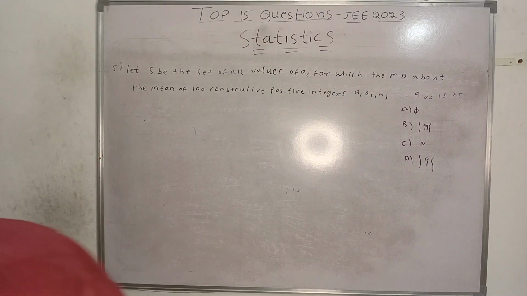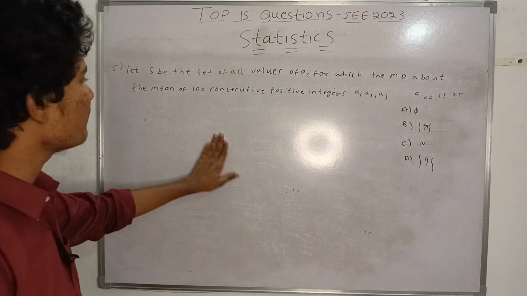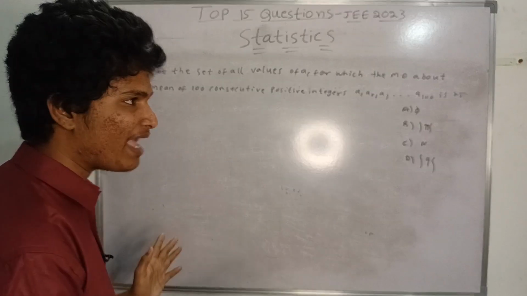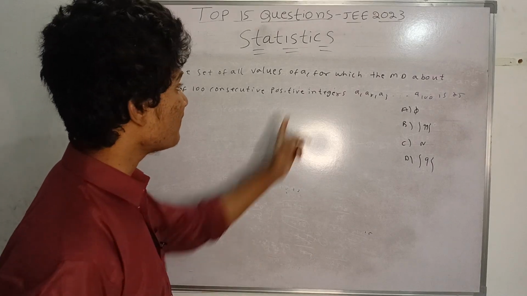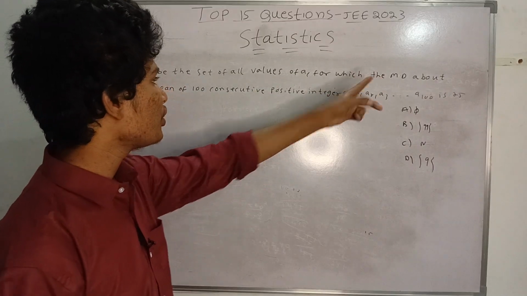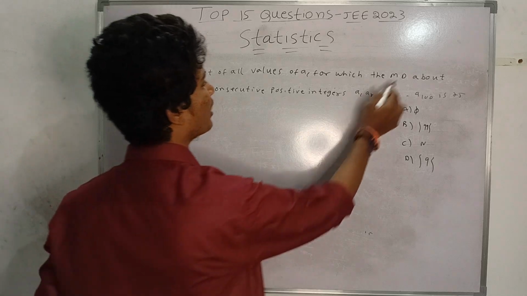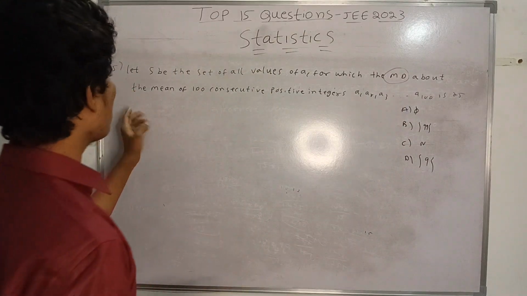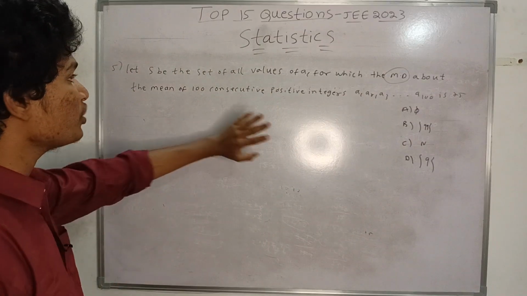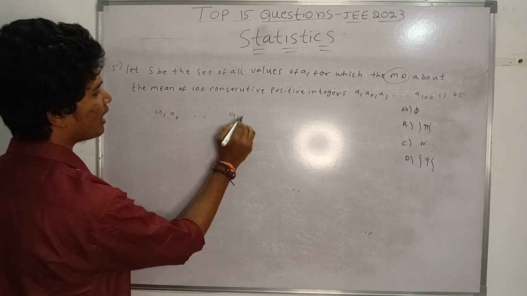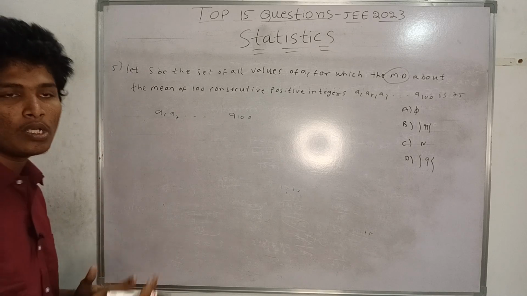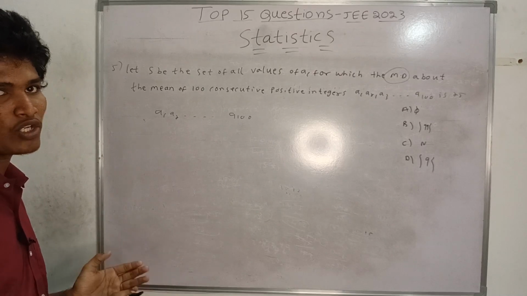So in the question what they are saying is, let S be the set of all values of A. It means we have to find the values of A and keep them in a set, the set of all values of A for which the mean deviation, that is MD means mean deviation here, about the mean of 100 consecutive positive integers. They have given A1, A2 up to A100 as the 100 consecutive integers. What are consecutive numbers? The next numbers are said to be consecutive.